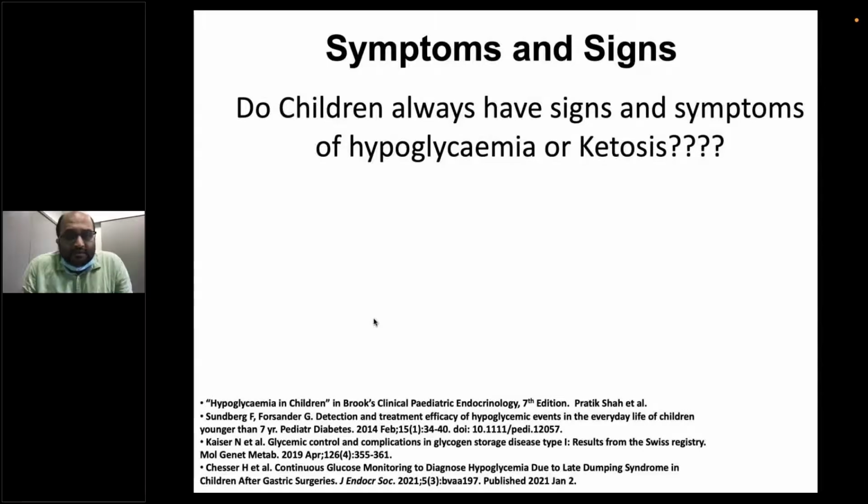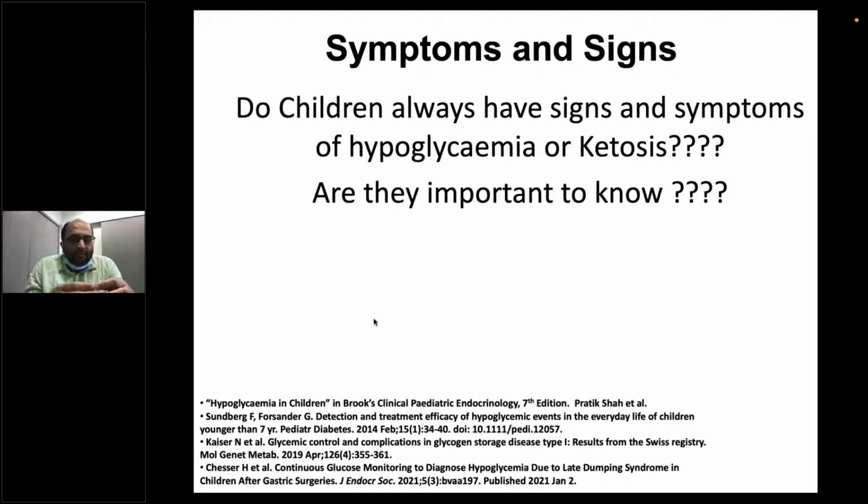When we talk about signs and symptoms, we have to remember that not all babies or children will have symptoms of hypoglycemia, because if they have recurrent or persistent hypoglycemia, their brain is used to functioning at low blood glucose levels. So they may have some signs and symptoms of hypoglycemia, but sometimes they may not. Also, we have to remember whether they have ketotic or non-ketotic hypoglycemia. They may also have symptoms of ketosis, where they are mounting a high amount of ketones.